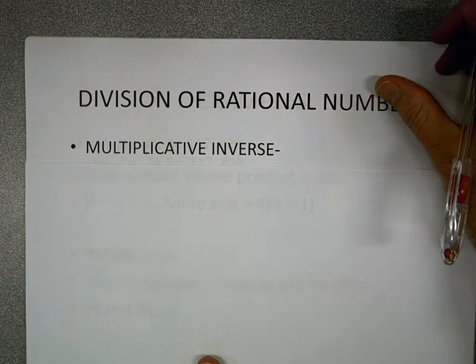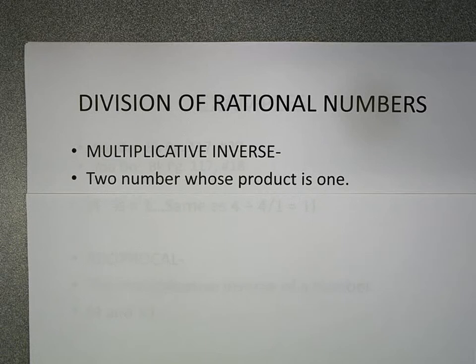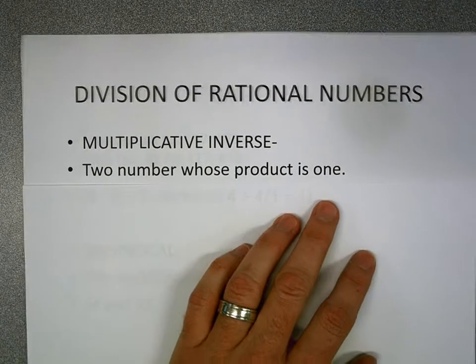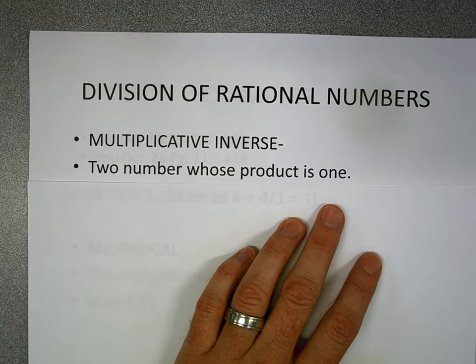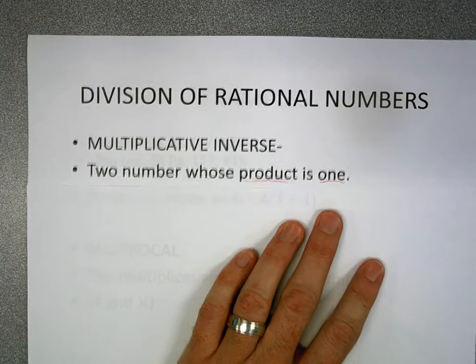Here's what the book says it is: two numbers whose product is 1. That means, of course, you're taking two numbers, multiplying them, and the answer is 1 whole.